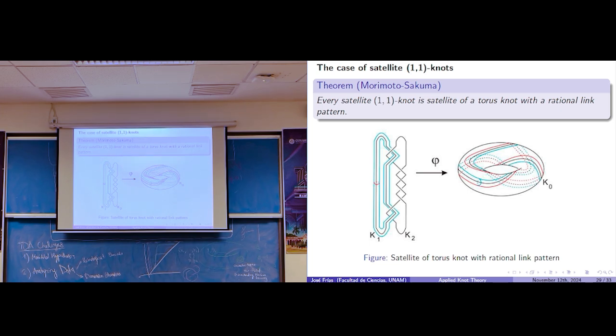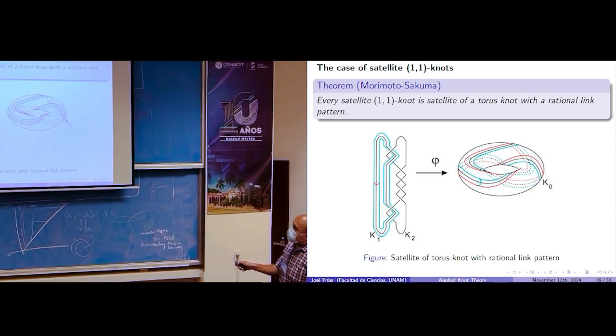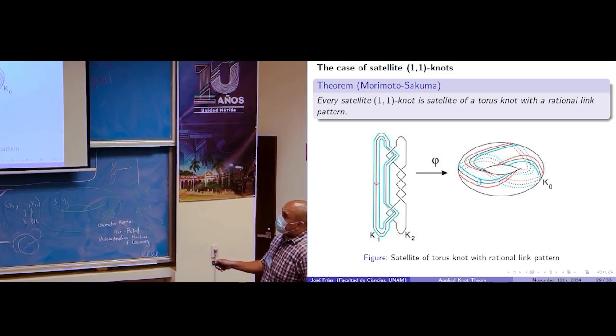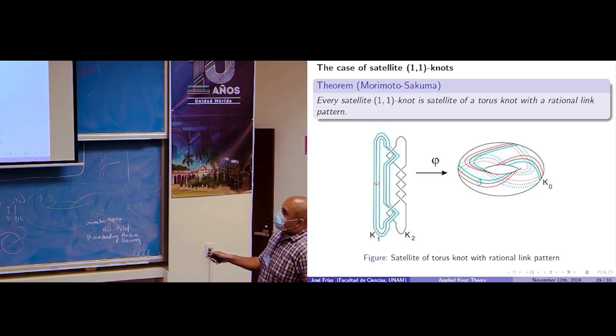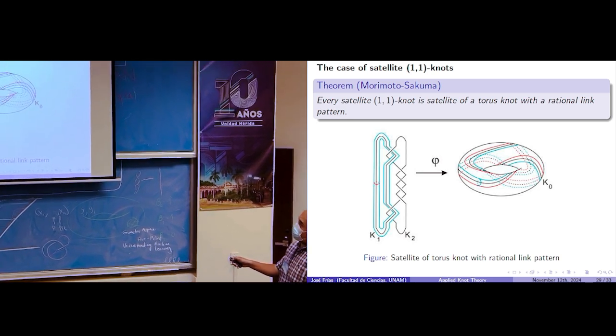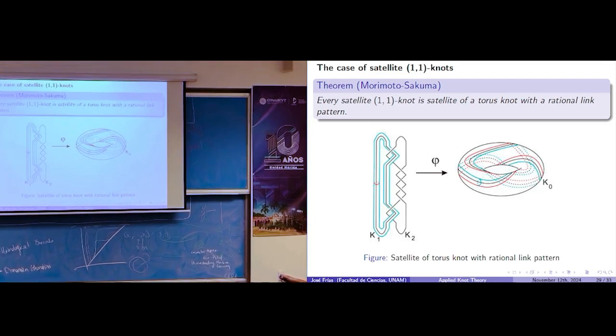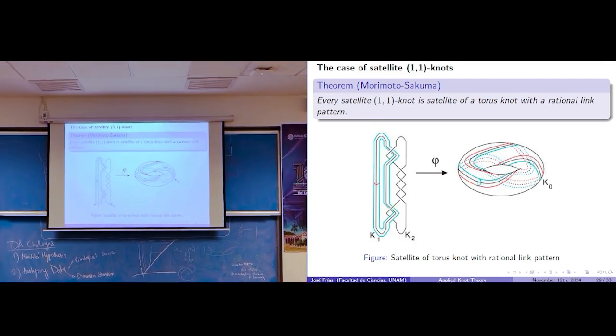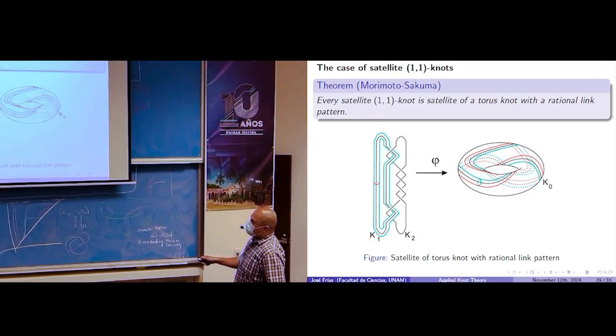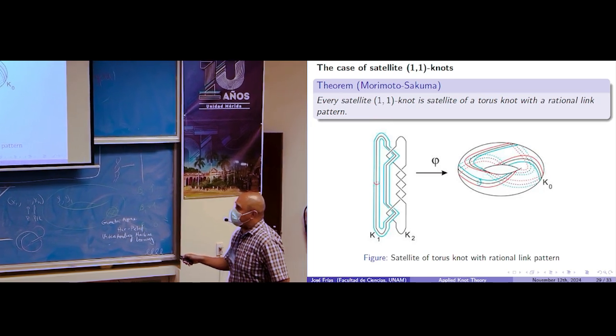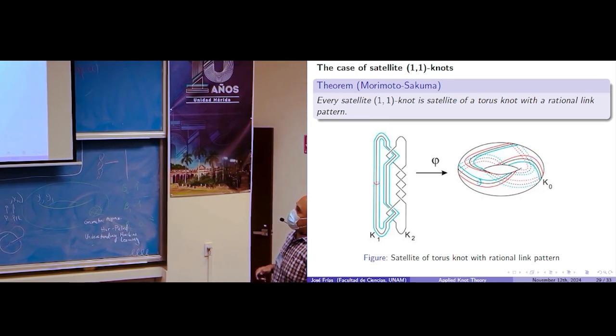So we are in S3. So the exterior is a solid torus, right? So we take a homeomorphism from the exterior of this knot into a regular neighborhood of the torus knot. So where is the knot? The knot is the image of K2 under this homeomorphism. Yeah. So well, that's a satellite 1-1 knot.